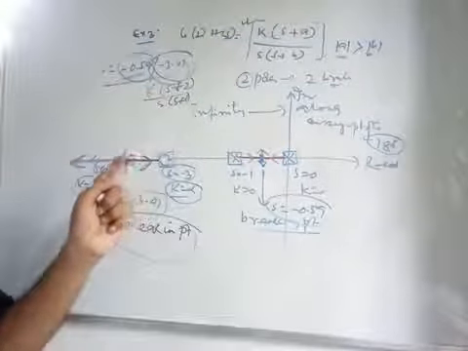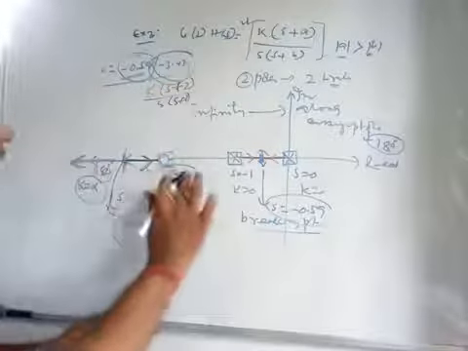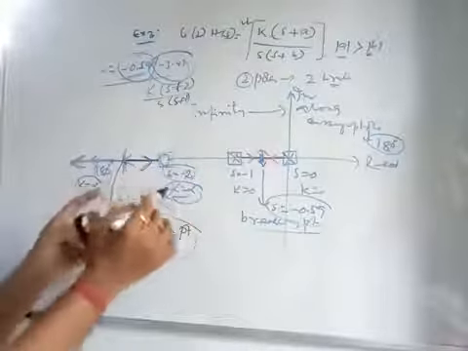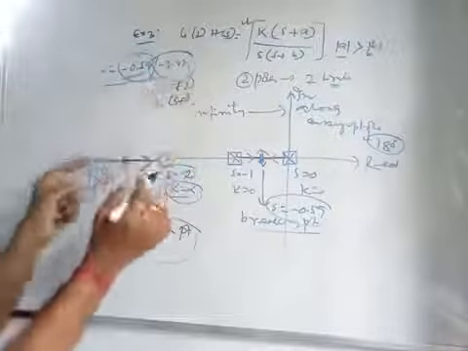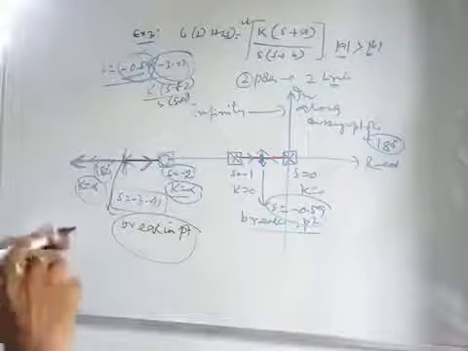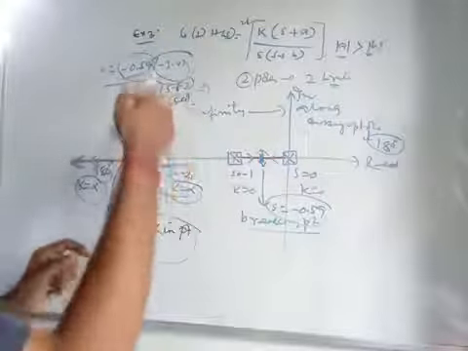So the zero is at s equal to minus 2. So anyway, this minus 3.41 is far away from this minus 2 point. Now, the radius of the circle I have already calculated.